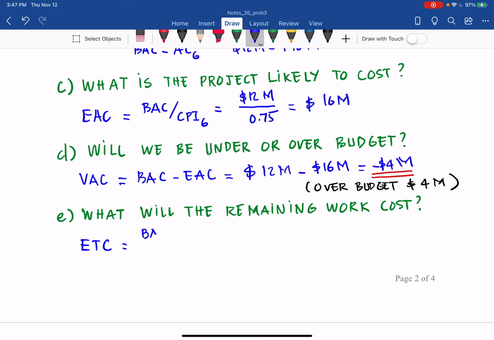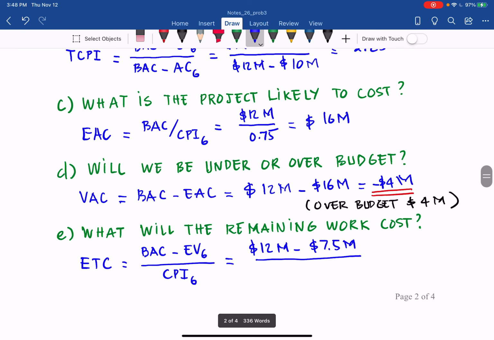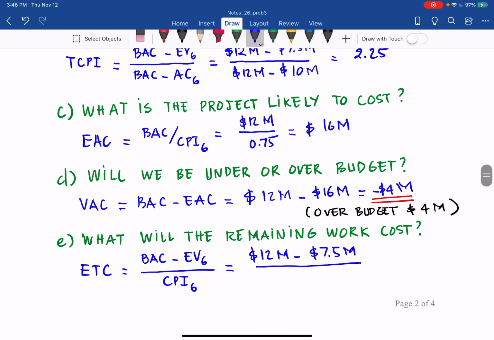BAC minus EV, earned value at 6 months, divided by the CPI at 6 months. So you have 12 million minus 7.5 million divided by CPI at 6 months. We have that equal to 0.75.